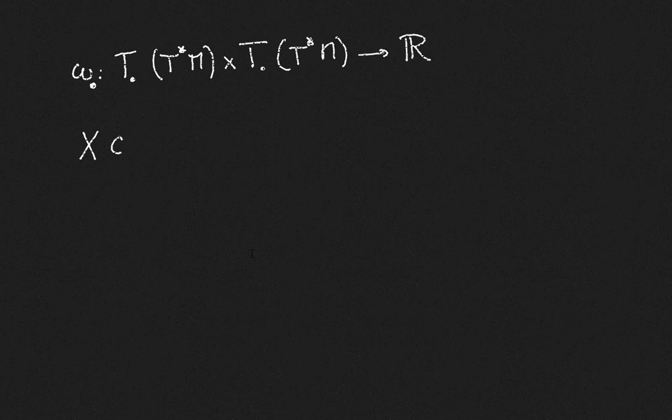So if you have a vector field on the cotangent, how do you use omega to transfer x to a differential form? Well, you define, well, this is the differential form.